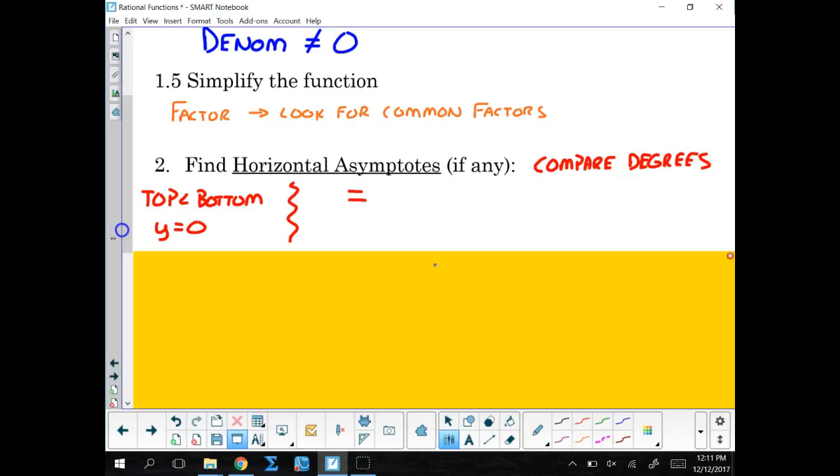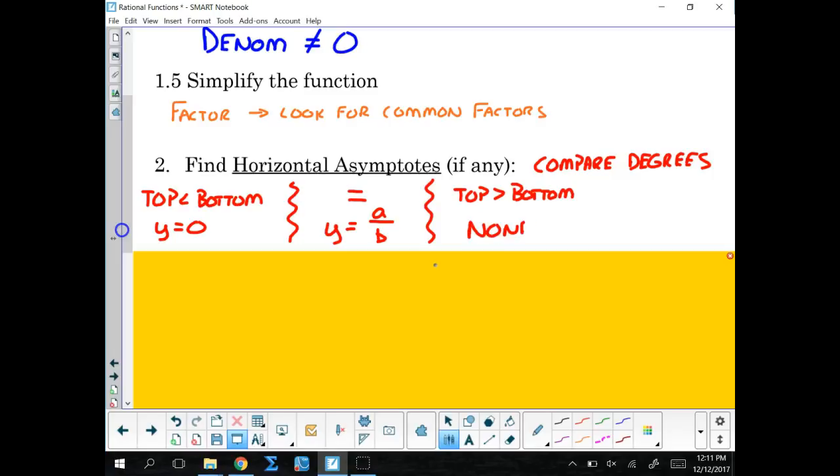And then what's my horizontal asymptote? Y equals A over B. And the last one, top greater. None, but now you have a slant.